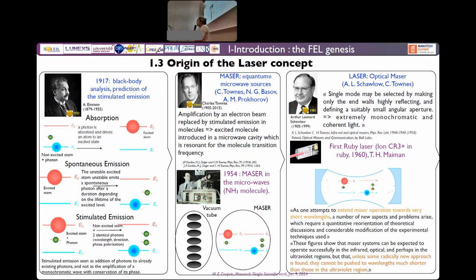These figures show that maser systems can be expected to operate successively in the infrared, optical, and perhaps UV region, but that unless some radically new approach is found, they cannot be pushed to wavelengths much shorter than those in the ultraviolet region.